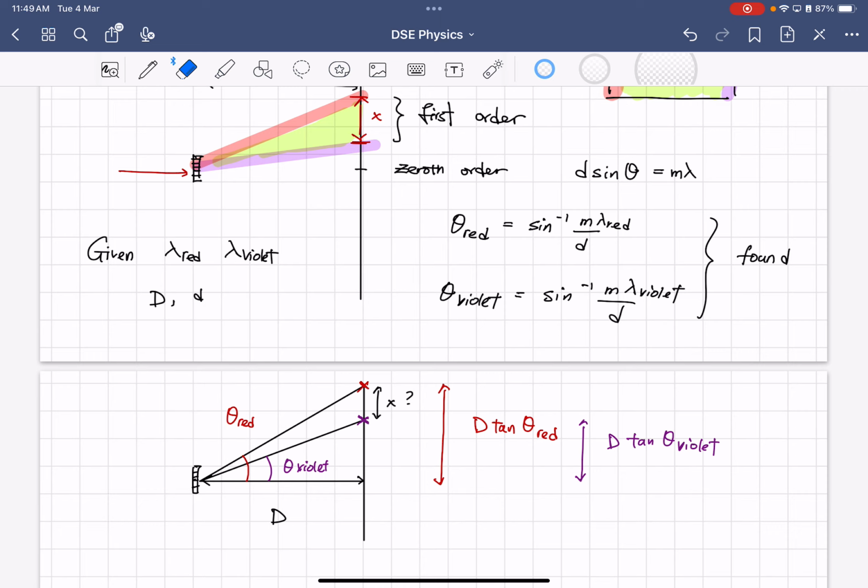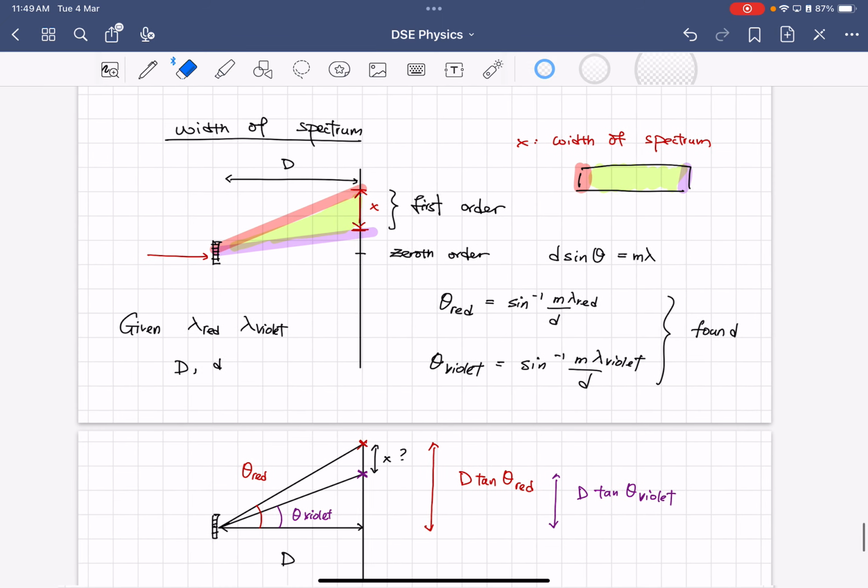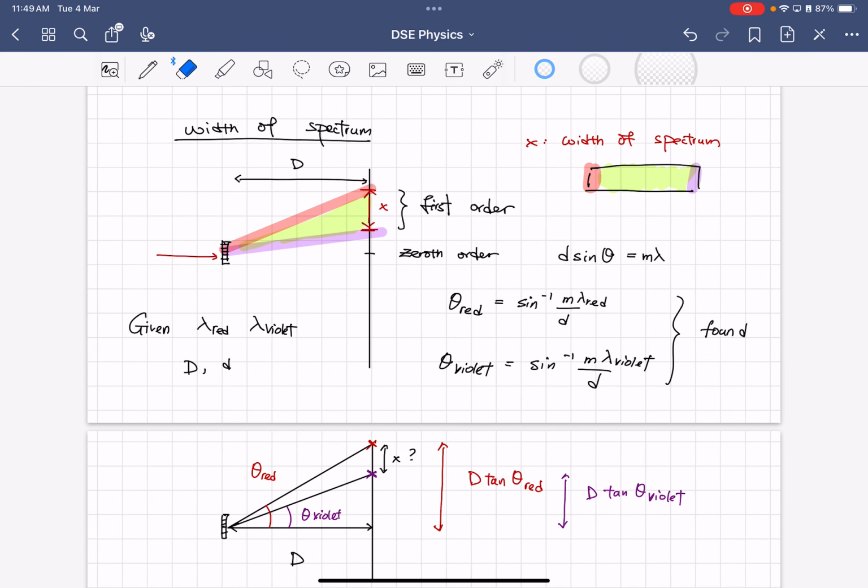This question is nice in the sense that it tests you on the use of this formula. This is just direct application twice. And then here, they test whether you can see the difference between these two variables.